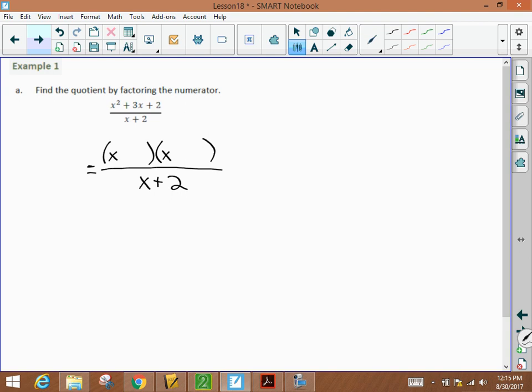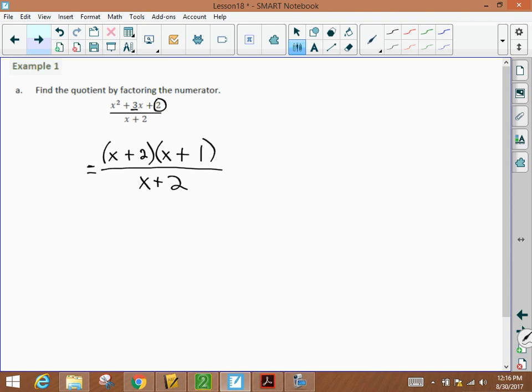Remember, when I'm factoring, I need to think of 2 numbers such that when I multiply them, I get 2, but when I add them, I get 3. So what 2 numbers do that? Well, 2 and 1, and in order for them to add to 3, they both have to be positive.